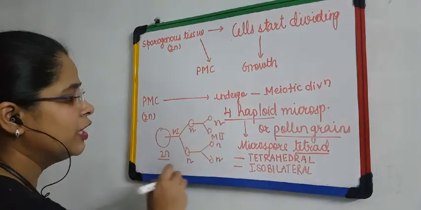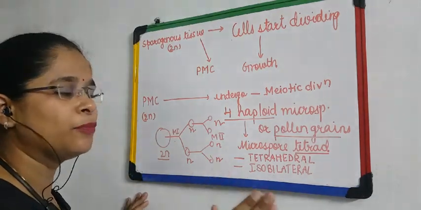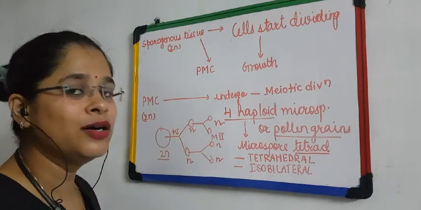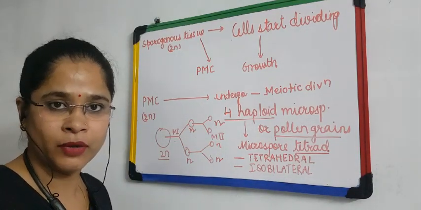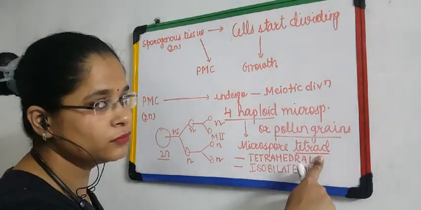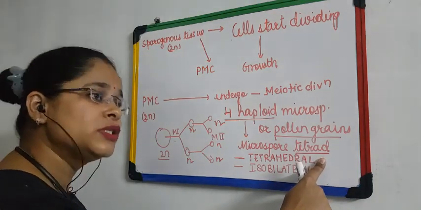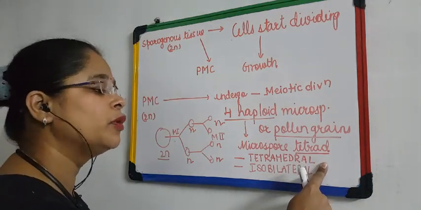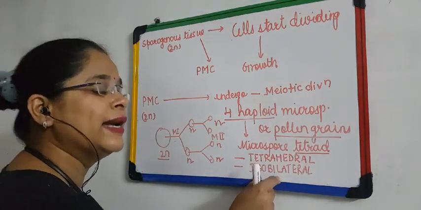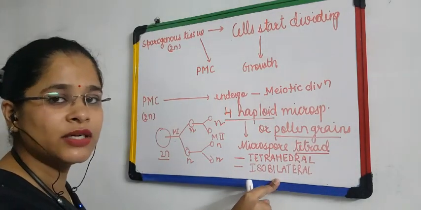As a result, it forms 4 haploid cells, and those 4 haploid cells are called a microspore tetrad or pollen grains. They are present in a group of 4, that's why the name tetrad. The arrangements of the tetrad commonly seen in angiosperms are tetrahedral and isobilateral. Am I clear with that, students?